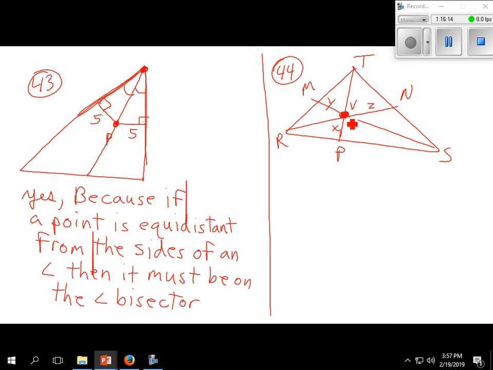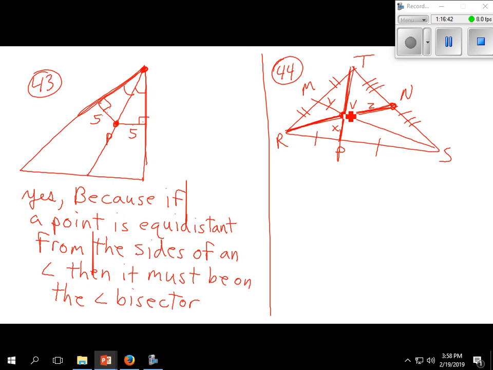If V is a centroid, then all these segments are medians. So we know like this segment has to be congruent to that segment. Again, don't look at my picture because it's not drawn very well. This segment has to be congruent to that one. This one has to be congruent to that one because N has to be a midpoint. And we know that this segment is twice as long as that segment, so on, so on, so on. So we should be able to find all this.